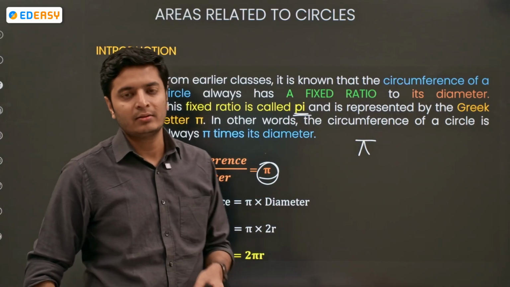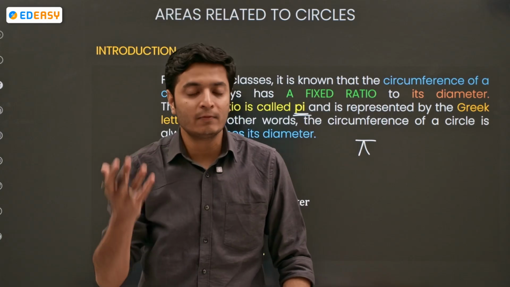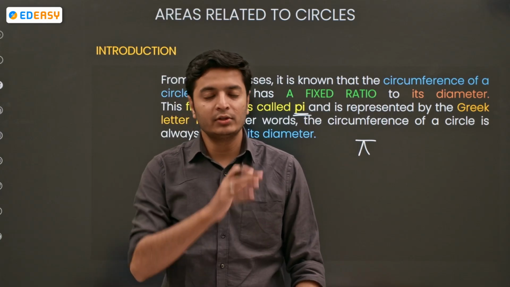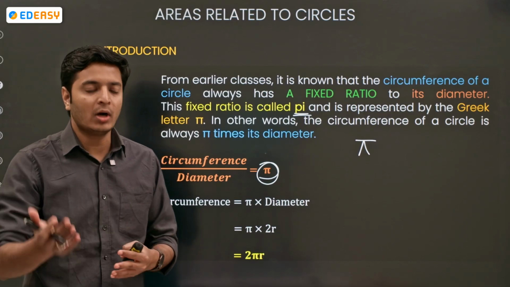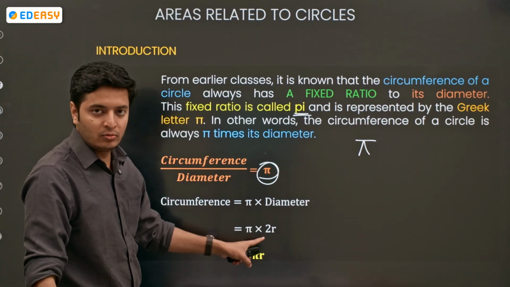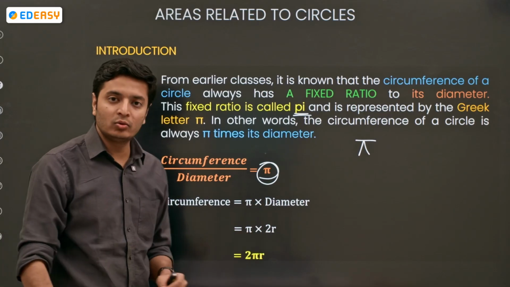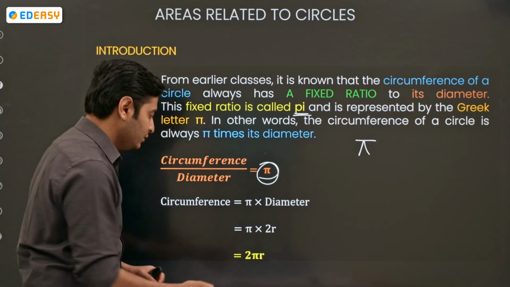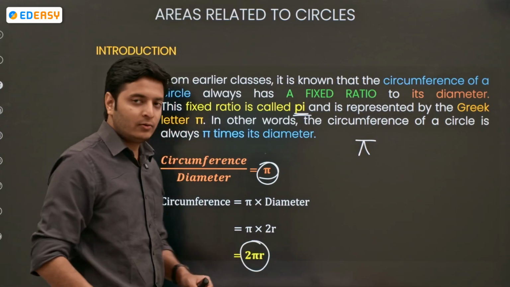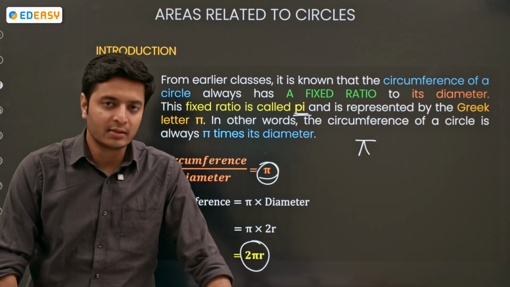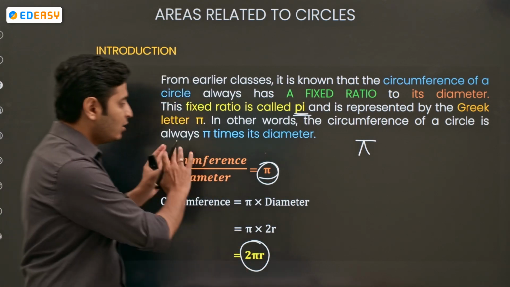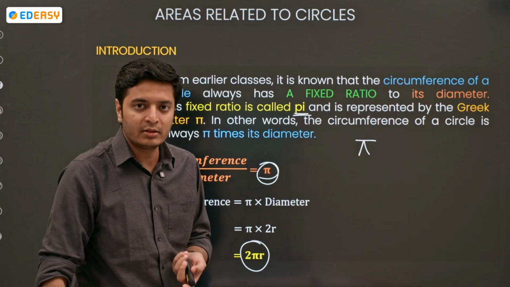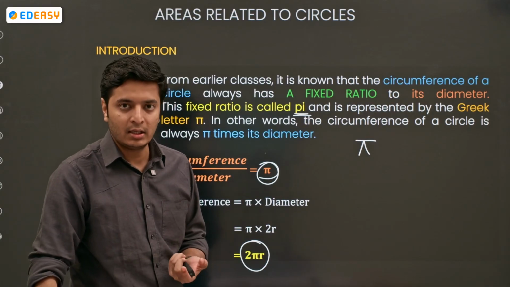Diameter is twice the radius. If the radius is r, then the diameter is 2r. So it will become pi into 2r. Finally, we get 2 pi r. And we know this is the formula to find the circumference of a circle, that is 2 pi r. So this is how we can derive it, correct?